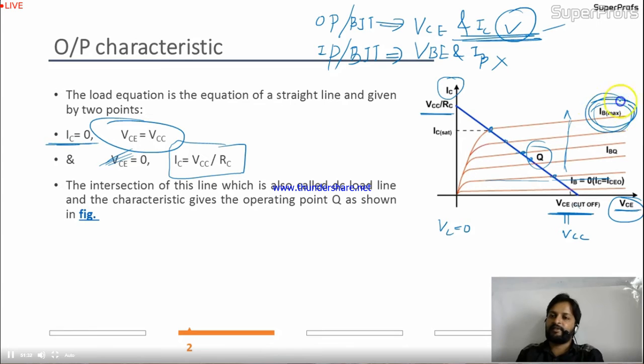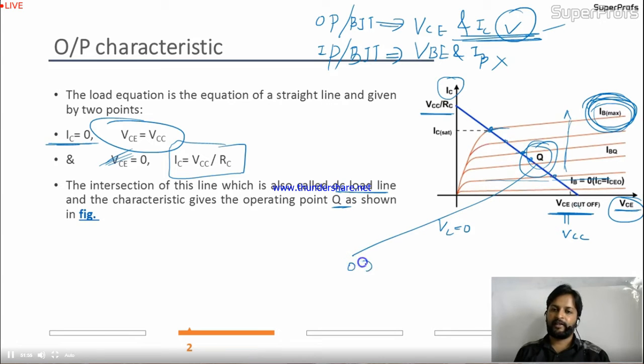See, at the max current of IB, the value of RCE will be minimum, so the current IC will be maximum. Is it okay? So the intersection of this line, which is also called the DC load line, and the characteristics gives the operating point Q as shown in the figure. So this Q point is nothing but the operating point.